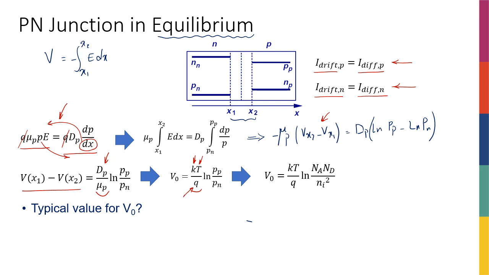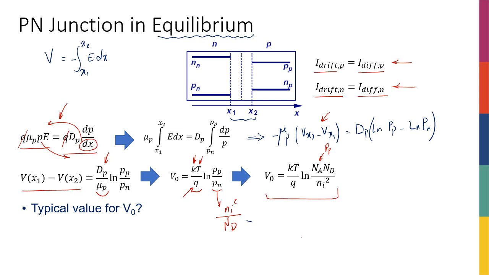And then ln of p sub p over p sub n, I can actually replace with the actual concentrations. I know that p sub p is going to be Na, and p sub n is going to be Ni squared over Nd. So Nd comes to the numerator, and this is the final form of our expression.